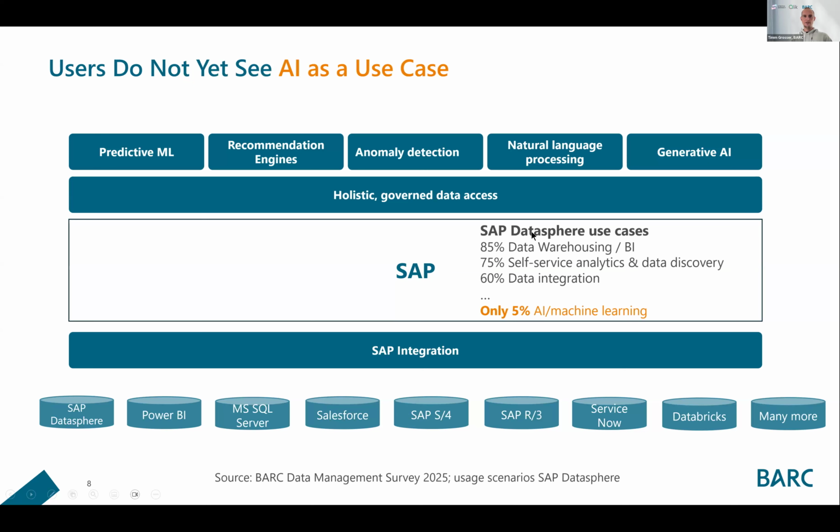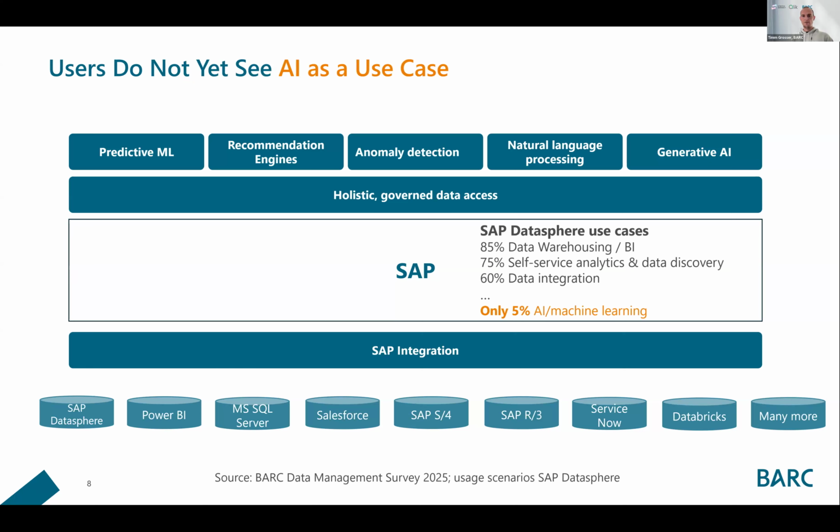And why do I claim it in that way? Because we have done a survey. It's called the BARC Data Management Survey, where we asked real SAP users how they utilize their SAP tools and for what purposes.